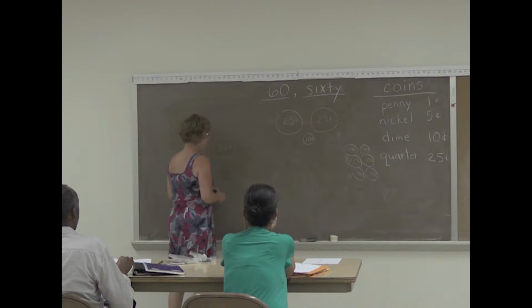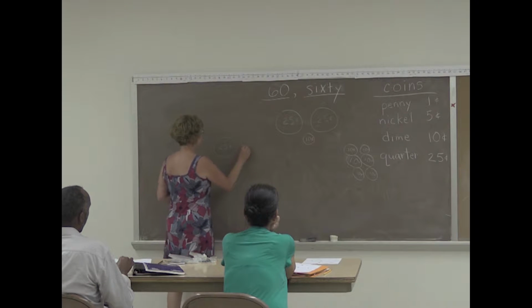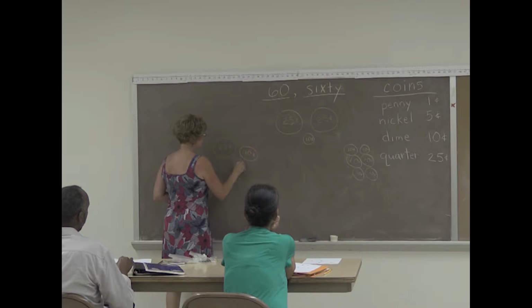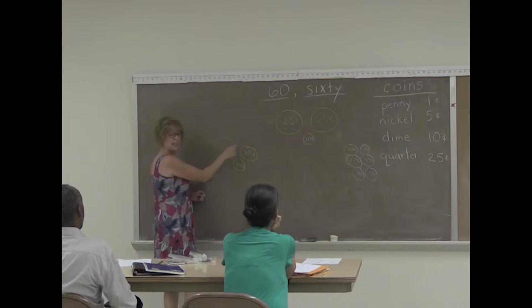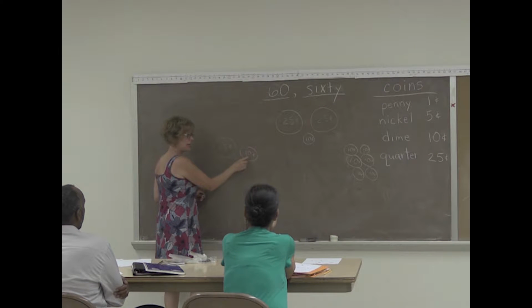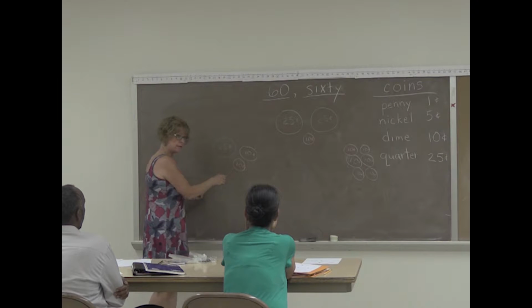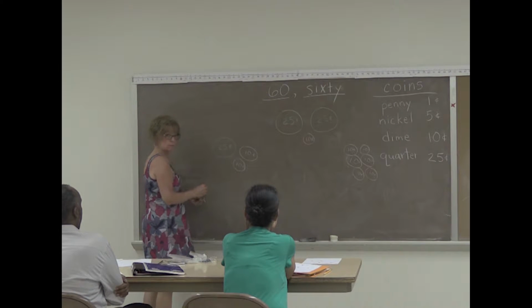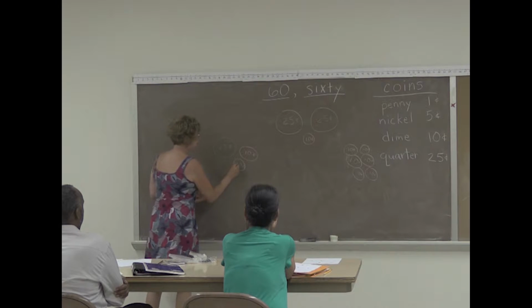Dime. Okay. Let's make a dime. A dime and another dime. Let's see. Nickel. Let's count. See how much we have so far. Nickel. So 25 plus 10. 35. 35 plus 10. 45. One more dime. Okay.